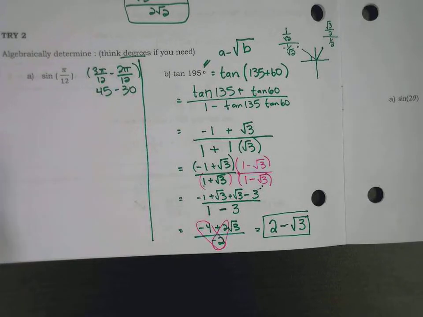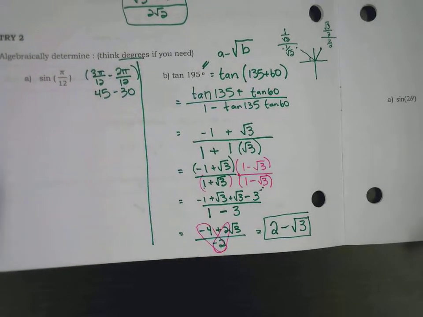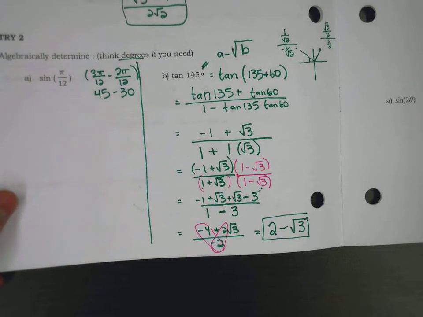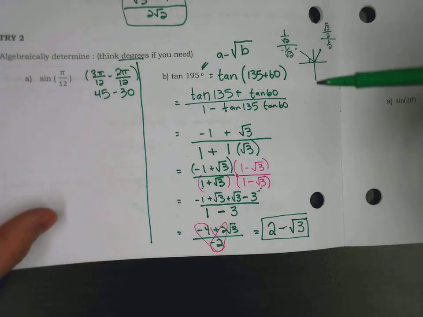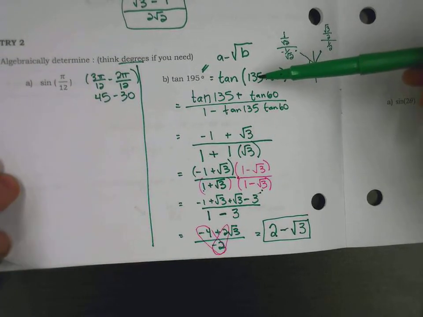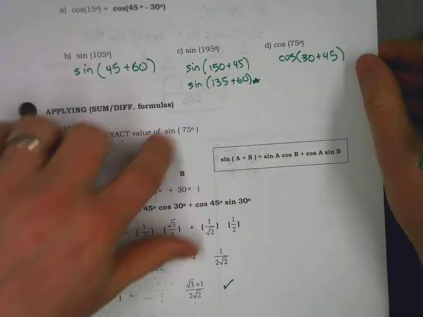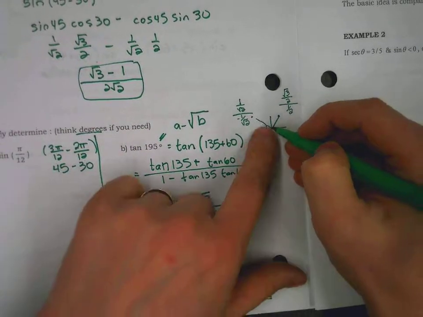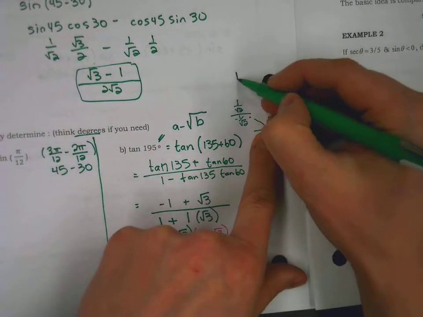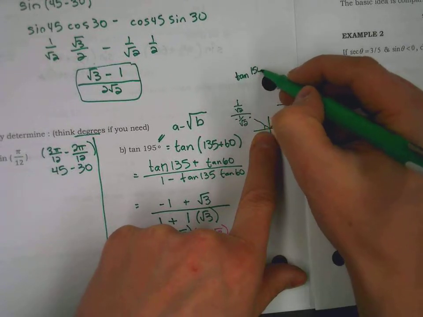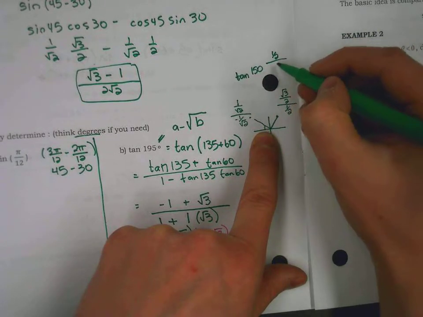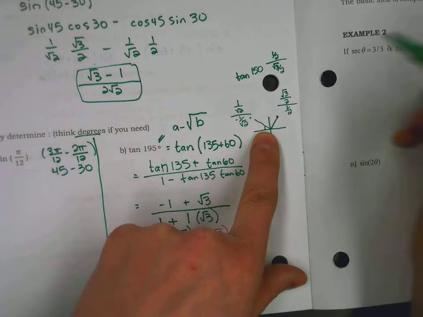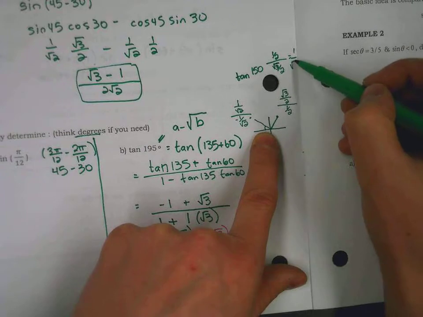A big question. That's as complex as a question could probably get, and that is not very simple. Now, if we had chosen the other option to get to 195, so had we chosen 150 and 45, the only difference is that when you're dealing with tan of 150, it has a y value divided by an x value, and the only difference is that when this reduces, you're left with a fraction.